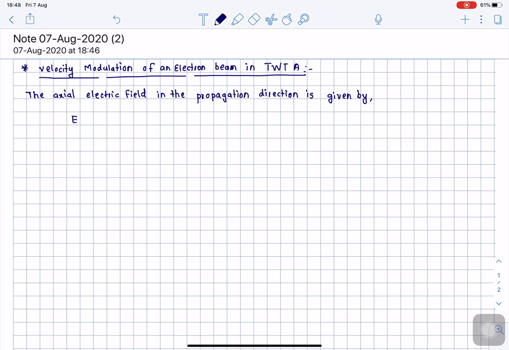The electric field Ez is equal to, let us say, a certain magnitude indicated with E1 sin(omega t minus phi of z). Let us call this equation number 1. So this is a generalized equation of the axial electric field which is directed along the axial direction of the traveling wave structure. Okay, where E1 is the magnitude of that axial electric field.